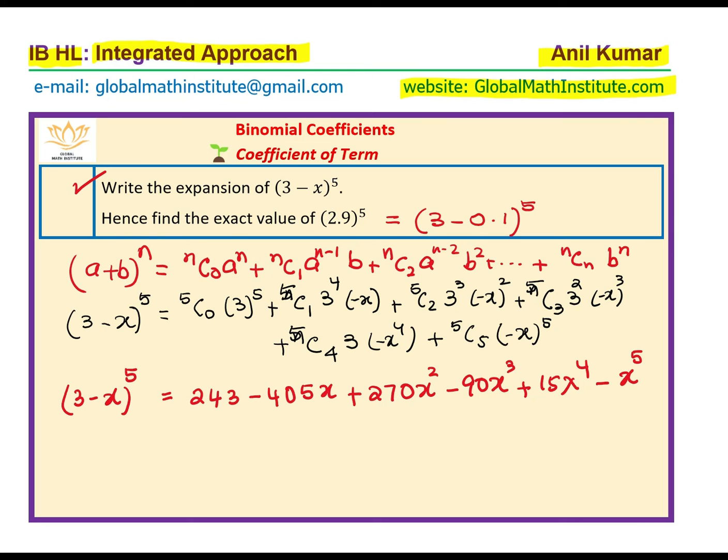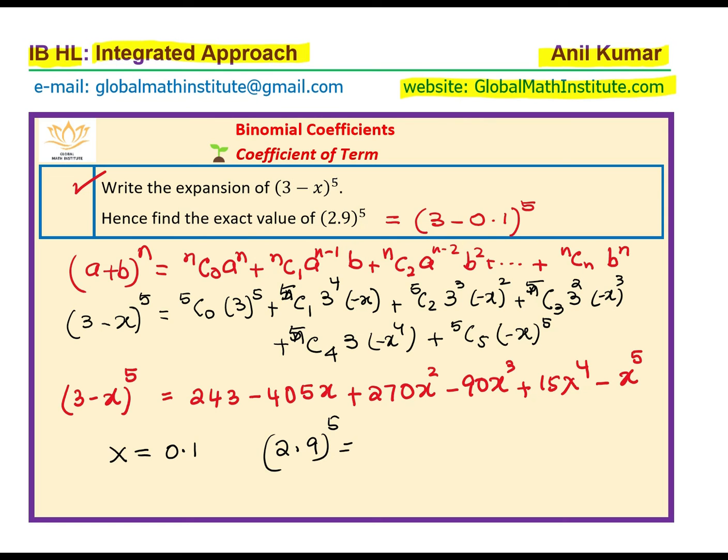Now it is time to apply this equation and get the answer for 2.9, where instead of x we have 0.1. So I'd like you to pause the video, put x equals 0.1 in this expression, and find the value of 2.9 to the power of 5. Correct?